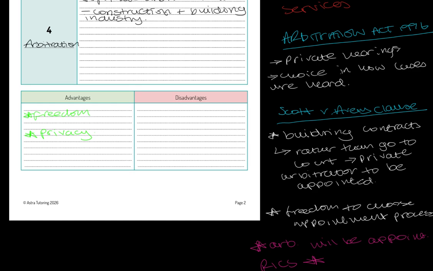In terms of disadvantages, the arbitrator is going to be someone who has some legal experience, but that doesn't stop complex legal issues arising. That could happen at any point. Another thing is, while ADR does tend to be cheaper, a professional arbitrator can still be extremely expensive.